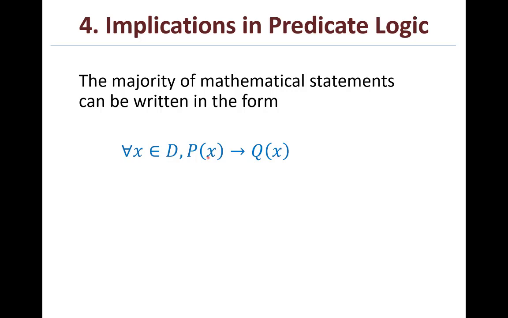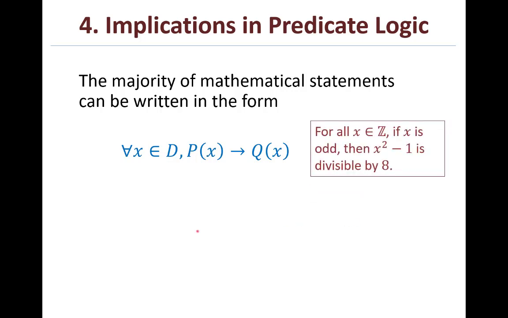Here's an example of a typical mathematical statement. For all integers x, if x is odd, then x squared minus 1 is divisible by 8. I'm not saying if this is a true or false statement. I'm just saying this is a typical mathematical statement.